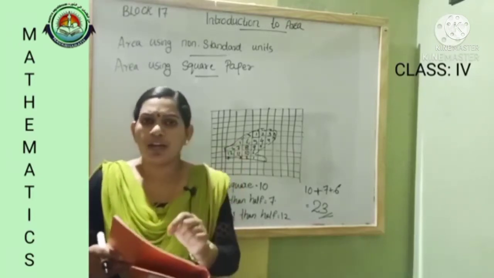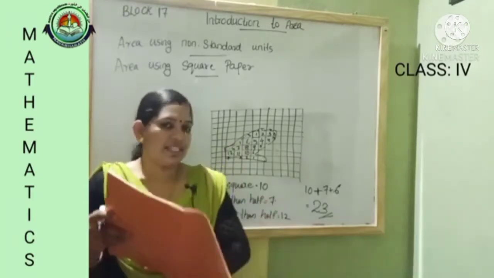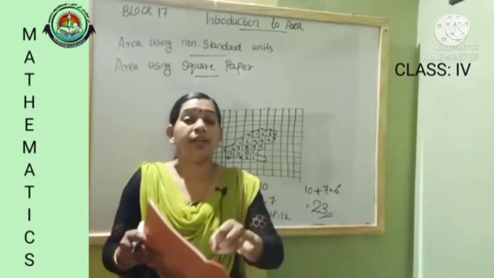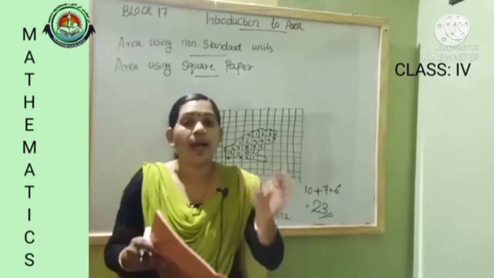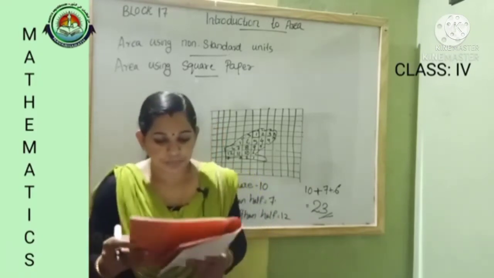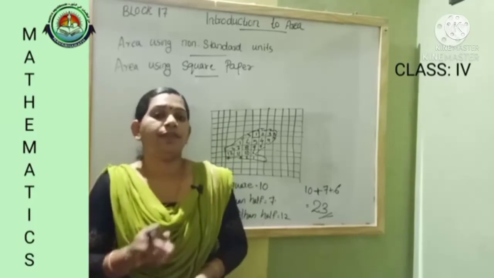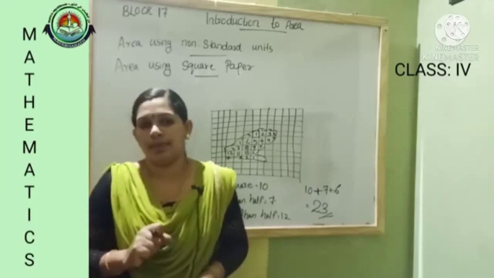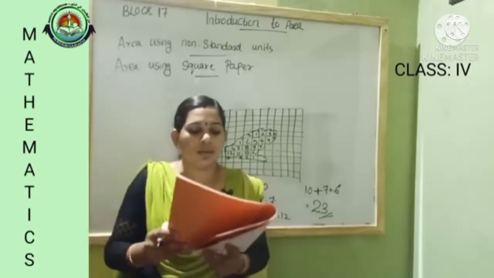So also you find out the perimeter of your notebook. Find the perimeter of your maths notebook and find the area using cotton balls or paper balls. Then after finding the area and perimeter, check whether both are equal numbers.